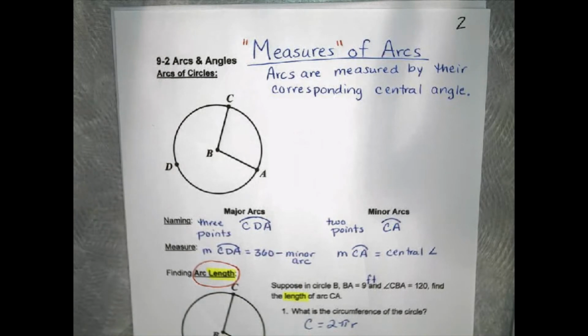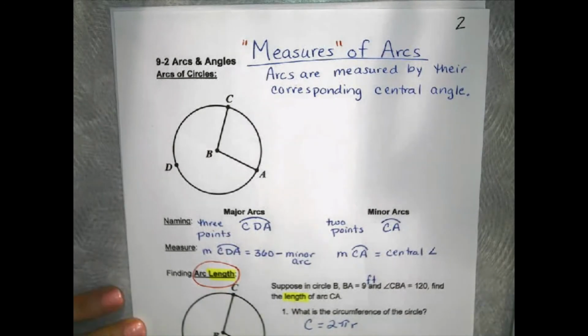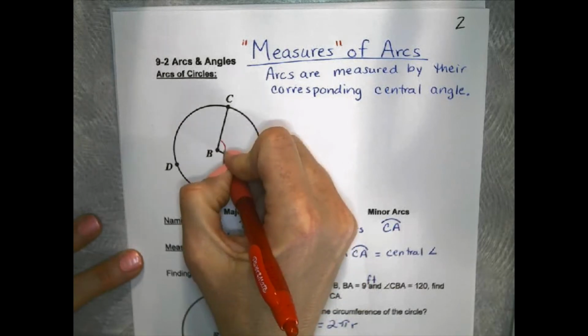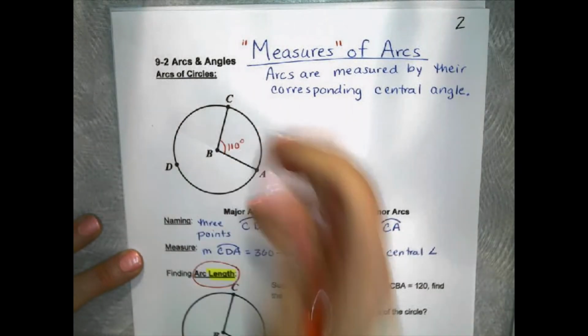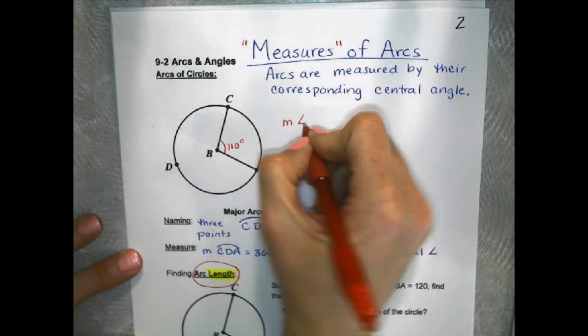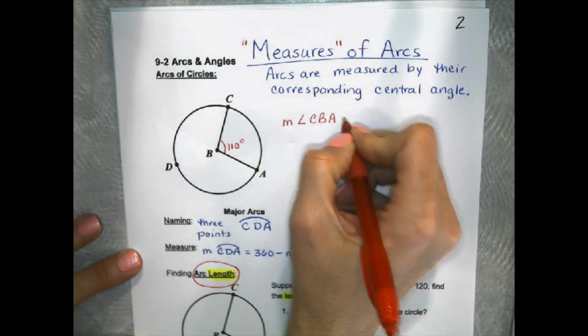So as I mentioned, our arcs are measured by their corresponding central angle. So in circle B, if this central angle were 110 degrees, I would say that the measure of angle CBA equals 110 degrees.